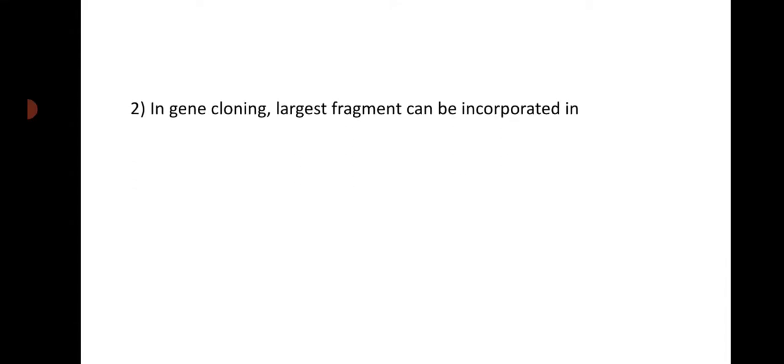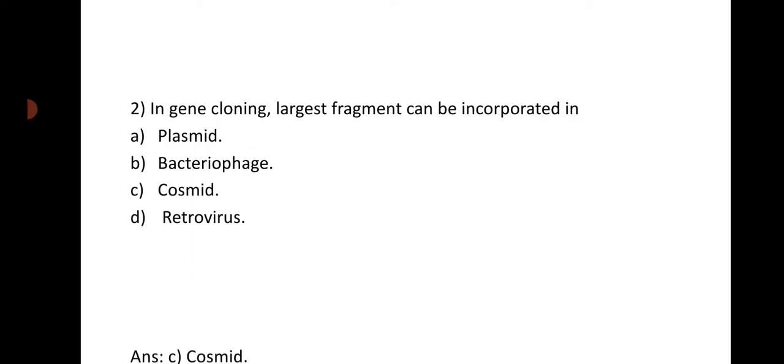In gene cloning, largest fragment can be incorporated in plasmid, bacteriophage, cosmid, retrovirus. Here once again the answer is cosmid. Cosmid can carry largest fragment among all these. pBR322 is a bacteriophage, cosmid, retrovirus, plasmid. So it is a plasmid.